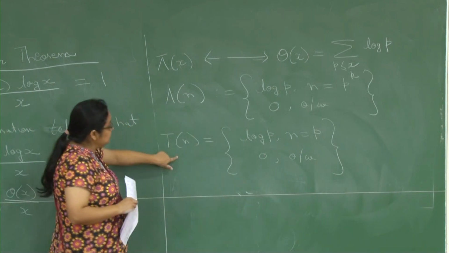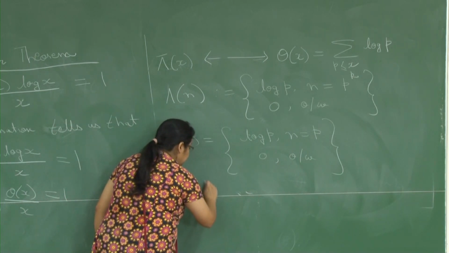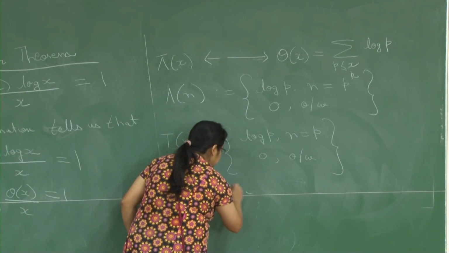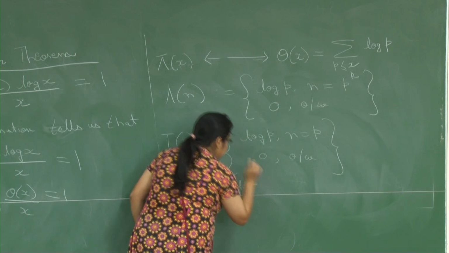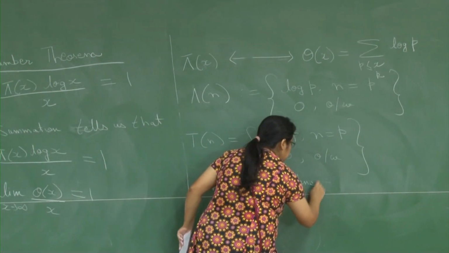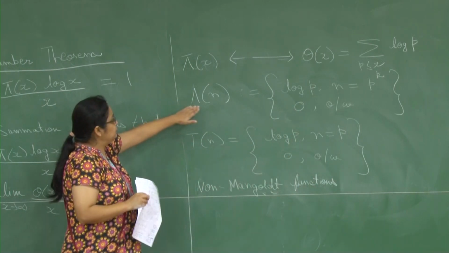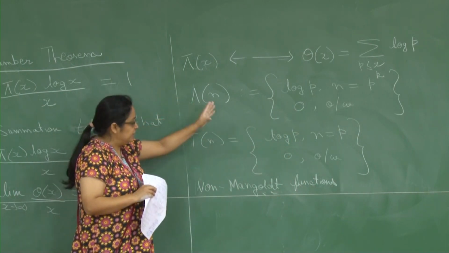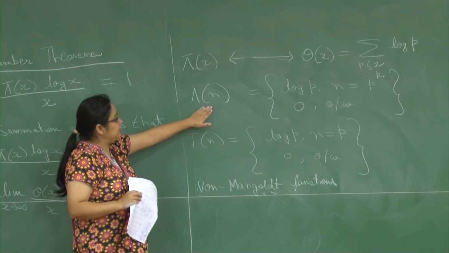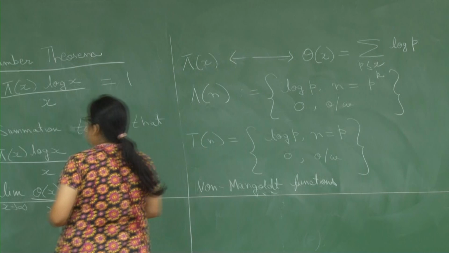By the way, these functions are called von Mangoldt functions, named after the person who first defined and studied them as a means to study the distribution of prime numbers. You will see in the literature that when people say von Mangoldt function, they are usually referring to lambda of n, but actually both of these are named after von Mangoldt.